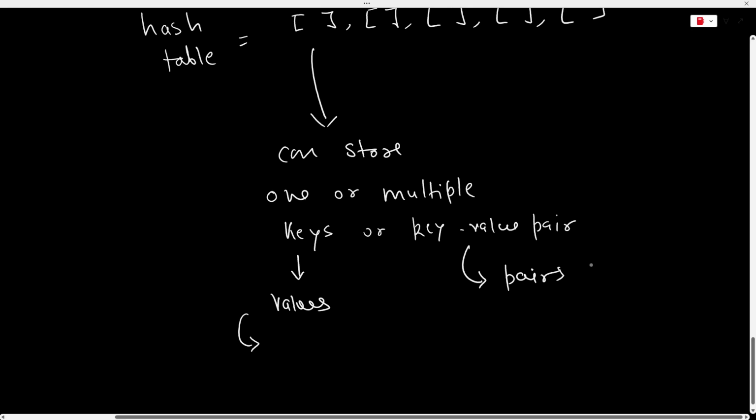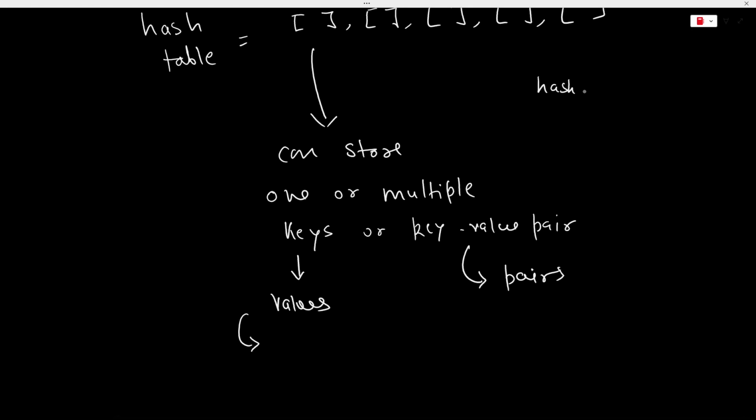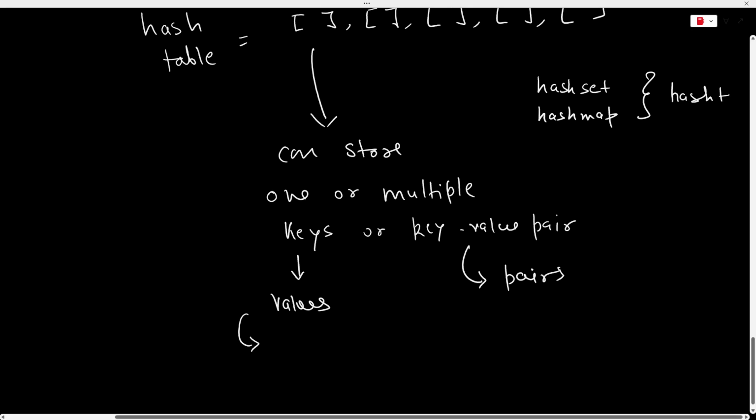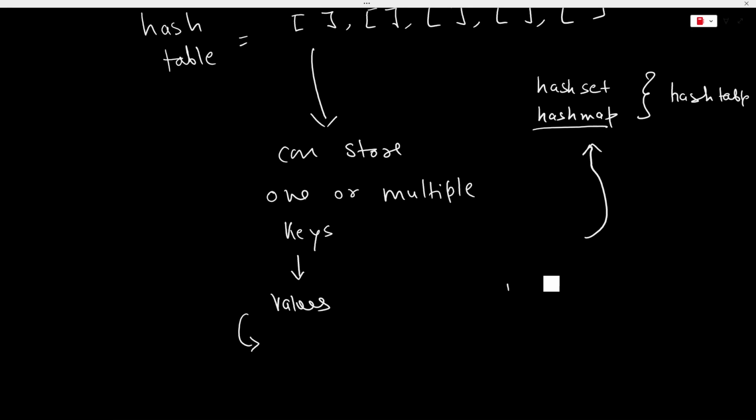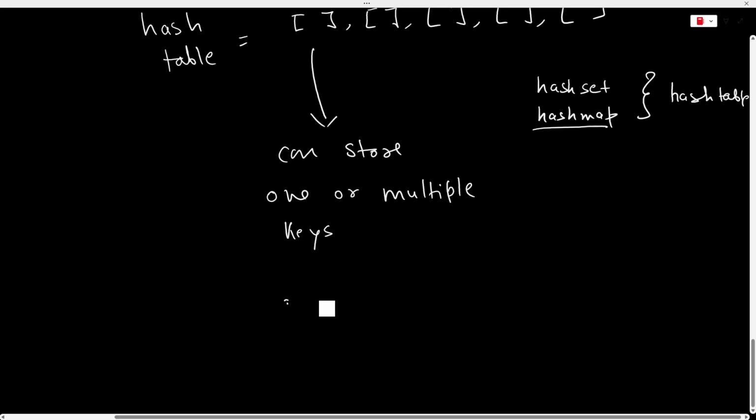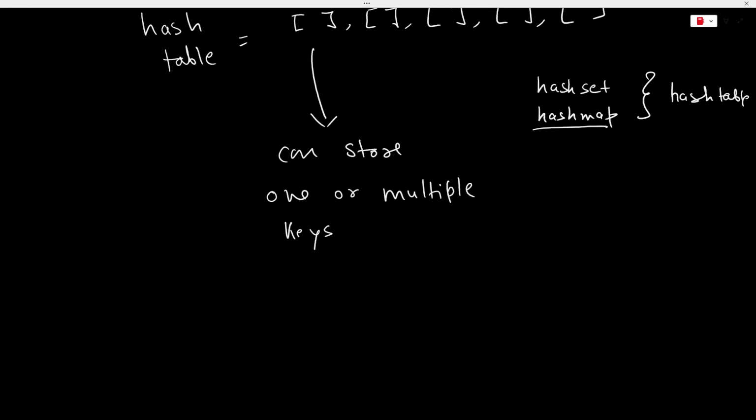Both a hash set and a hash map have a hash table underlying them. When we're using a hash map, key value pairs become important, but for now we can just focus on the keys part. So simply, a bucket can store one or multiple keys.